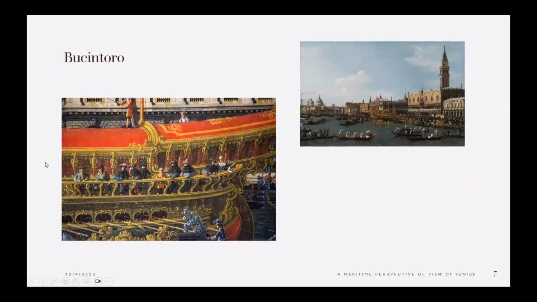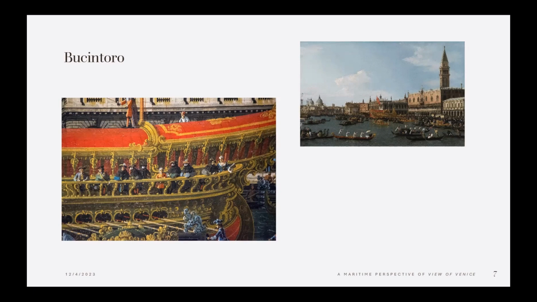And that expensive, fancy boat that I was talking about was a bucintoro, and it is made of gold and red purple fabric, and it was rowed by the Doge, and the Doge is the highest office of the Venetian Republic. They were technically elected more by a panel, not by the people, but Venice succeeded partially in being a democracy and fair for the people.